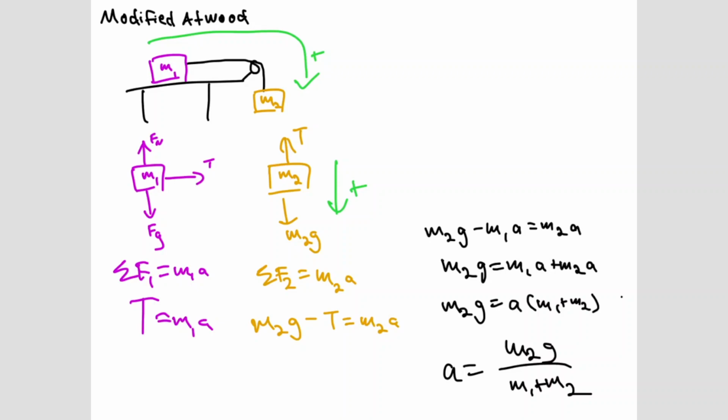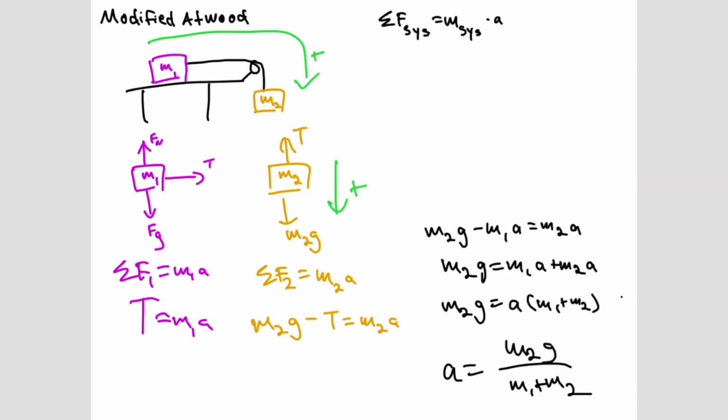Again, just like the normal Atwood, we can look at this from the perspective of the whole system. So the sum of the forces acting on the system is equal to the mass of the system times the acceleration. In this case, the only force that acts on the system as a whole is the force of gravity that acts on M2, because the other tensions cancel out, right?